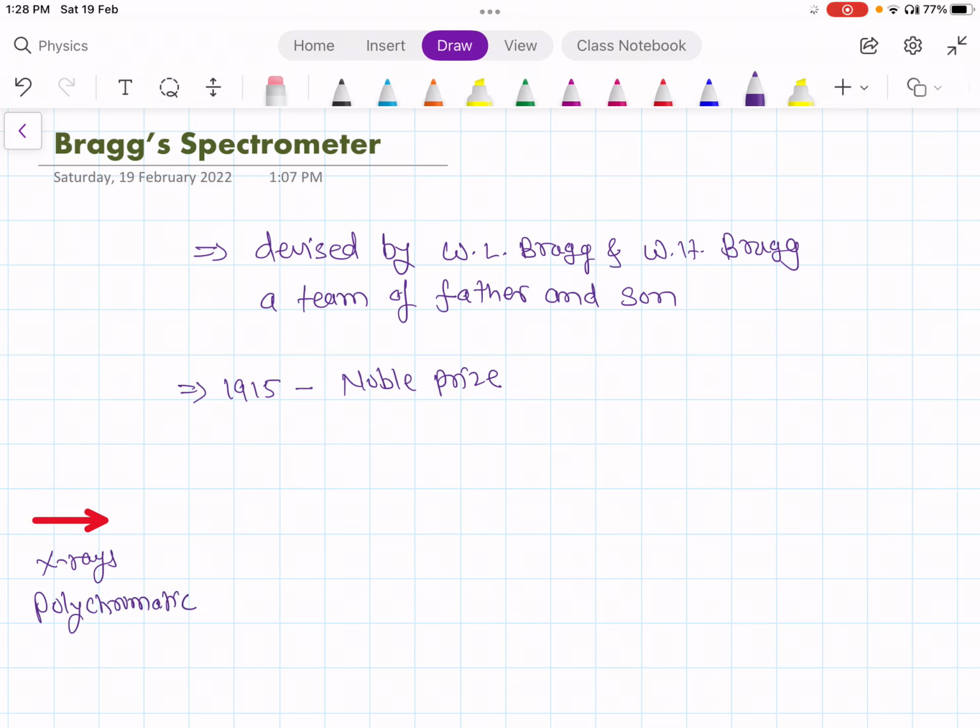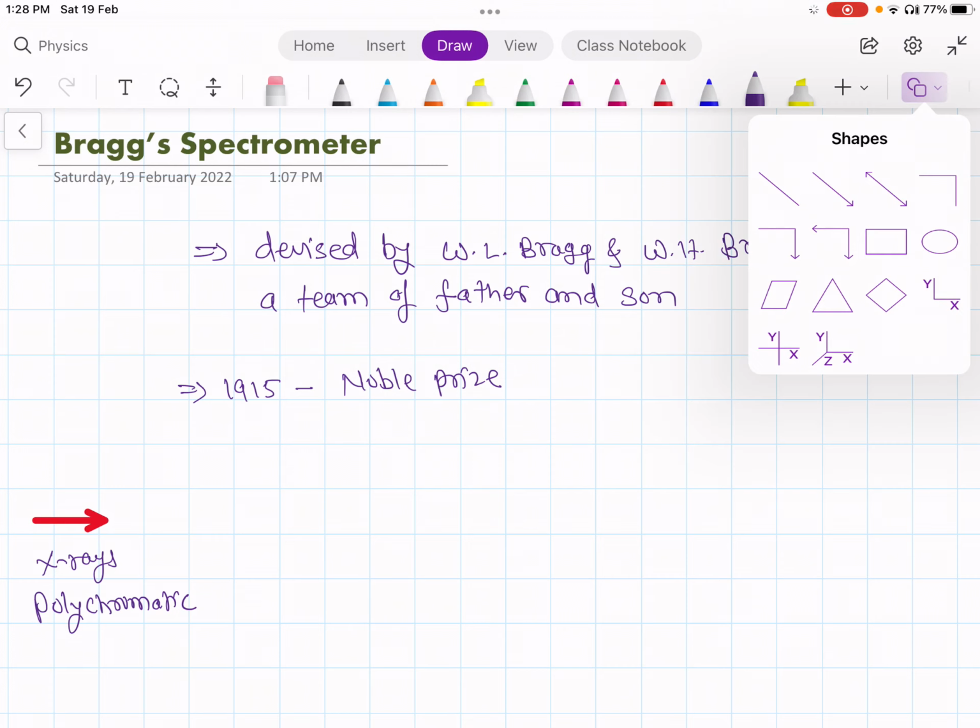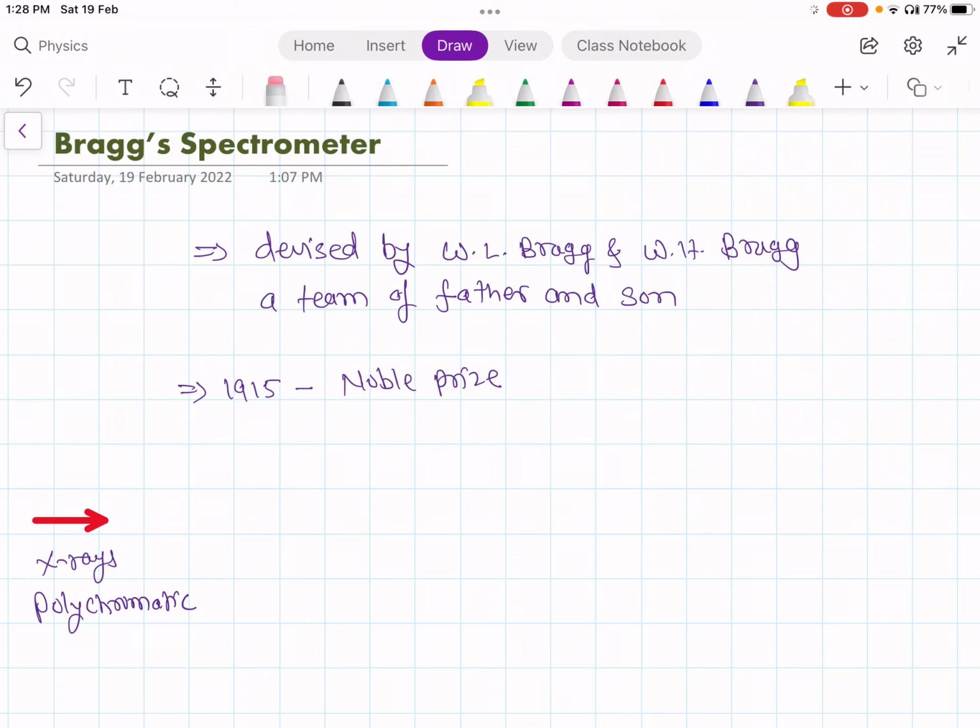It consists of all wavelengths. But in Bragg's law, as we studied in the earlier lecture, we need monochromatic X-rays. So the filter is used to get monochromatic X-rays. So here is the filter.